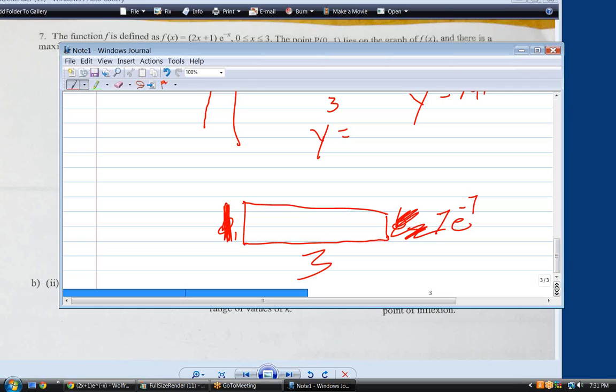So we can figure out the area of that trapezoid and subtract it from the other, and that makes the math a little easier. But I thought I would point out both ways.